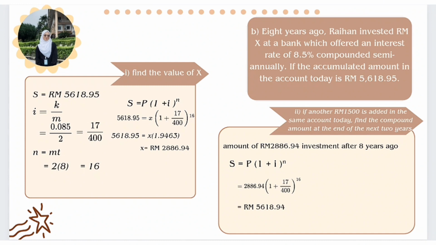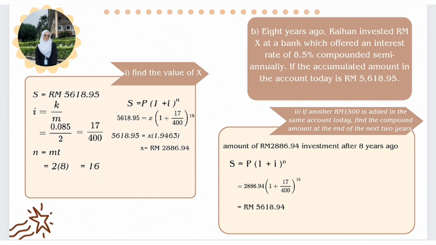To find x, which is P, we can use the same formula as the formula to find S. So, 5618.95 equals x(1 + 17/400)^16. We can simplify first: (1 + 17/400)^16 equals 1.9463.